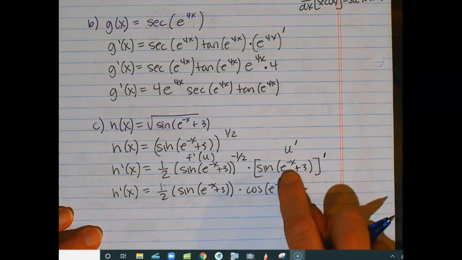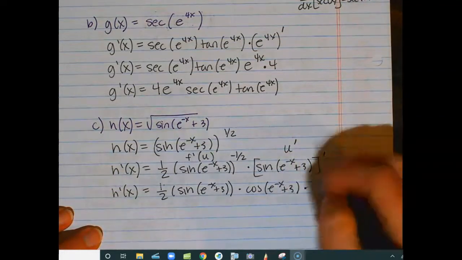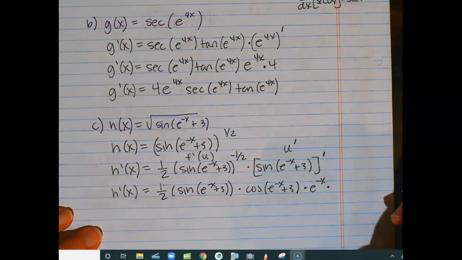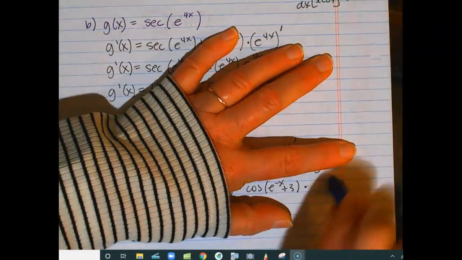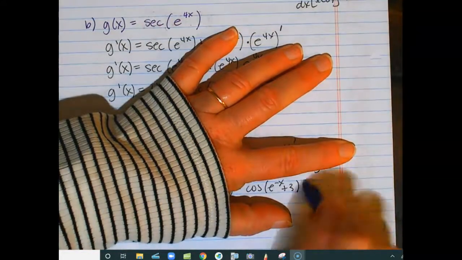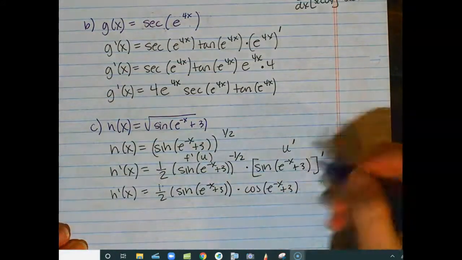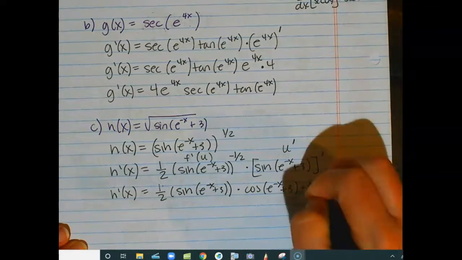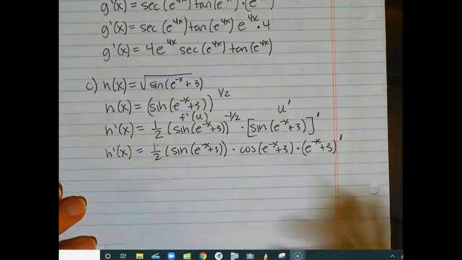Oh, it's got another baby. E to the negative x, keep the baby, times, I'm going to keep my same notation. I'm going to go back. So I've got sine is cosine, keep the baby, times the baby prime. And I'm going to do that next.